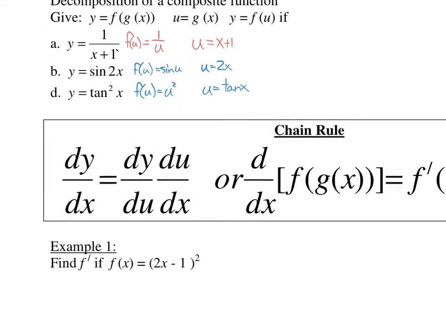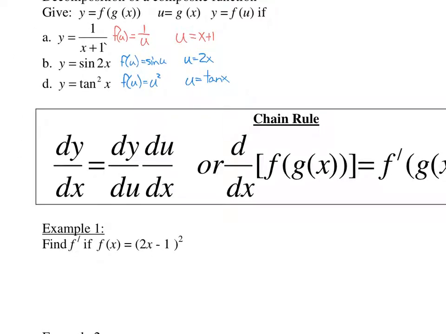So, let me illustrate here with this one right down here. We have 2x minus 1 squared. Okay, so what's the inside function? 2x minus 1. All right, so u is 2x minus 1. And the outer function? It's something squared. Yeah, f of u is something squared. Okay?